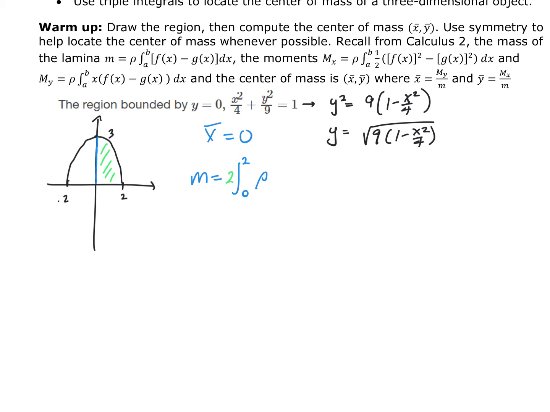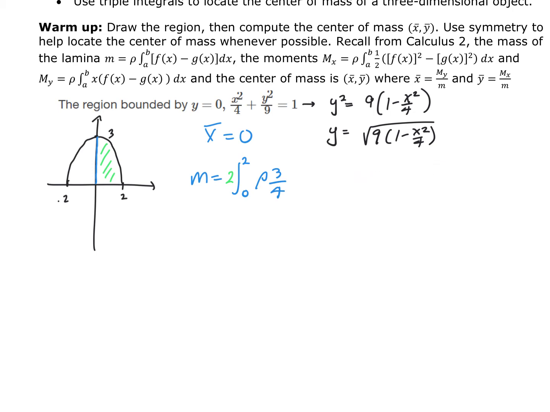And I'm going to go ahead and factor a 4 out. So I have the square root of 9 divided by 4, and then 4 minus x squared. And that's just so I don't have to worry about the fractions. And I can now take the square root of 9 and the square root of 4. So I end up with 3 over 2.